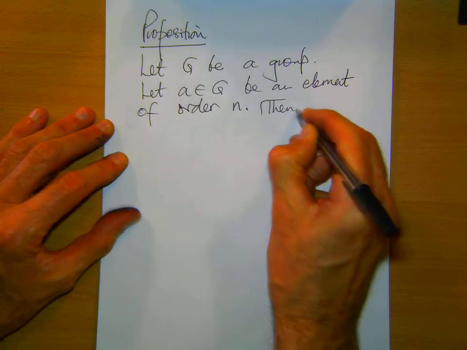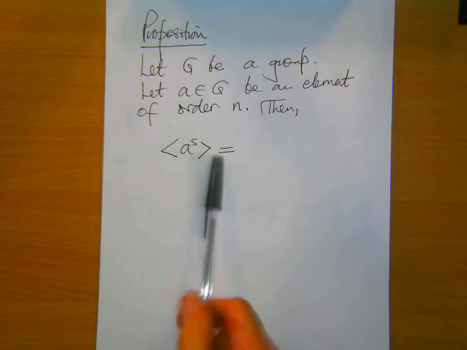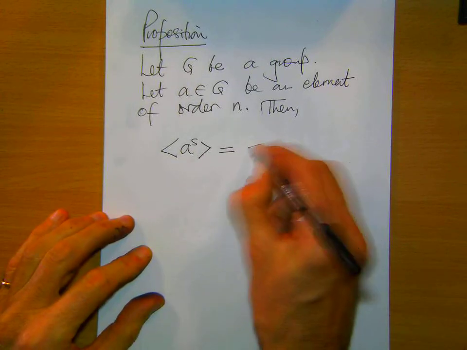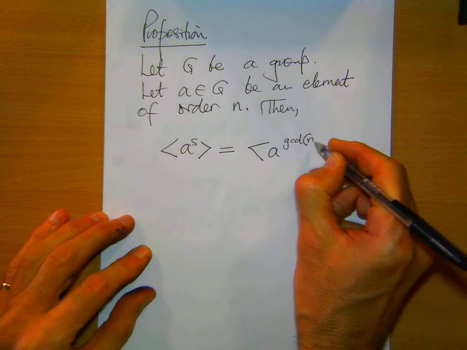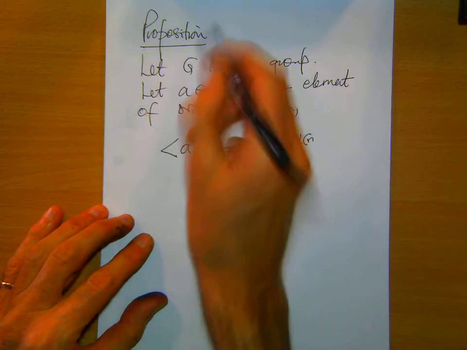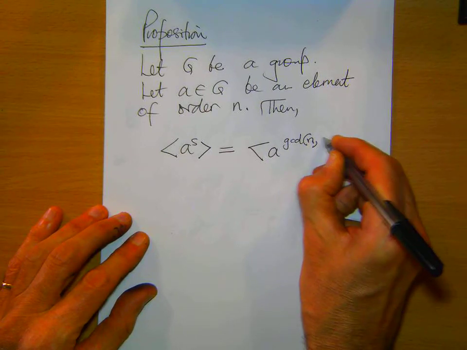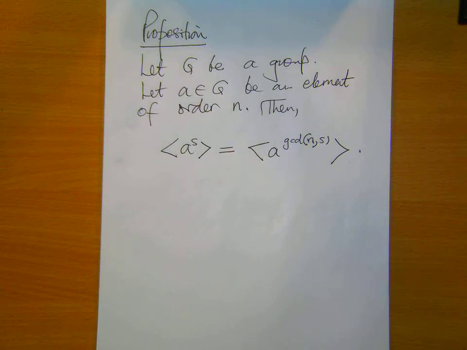Now we're actually going to look at the group generated by a to the s. So we already know the order of this, but we can actually say what the group is, and what the result is. And this is an easy consequence. I mean, you could even call it a corollary of our previous result. And this turns out to be quite important.